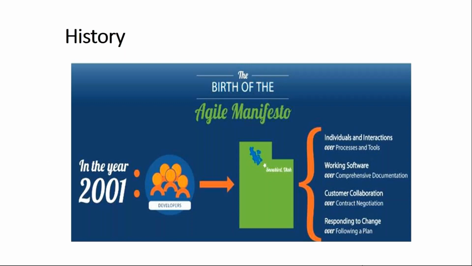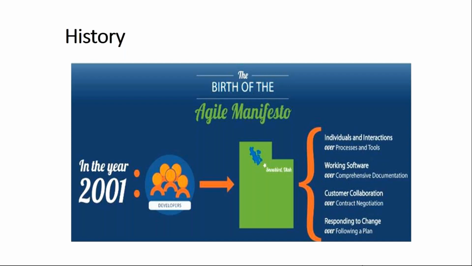Talking about Agile, I'll not say Agile came exactly in 2001, but as the PPT says, the Agile Manifesto was brought about by a group of 17 like-minded individuals, who were also software developers, and they went skiing in Utah, at a snowboard resort.